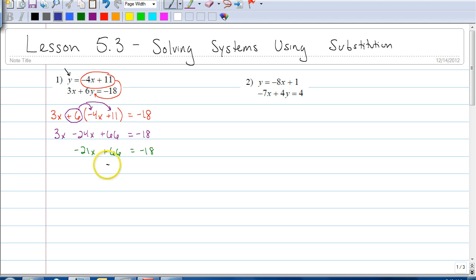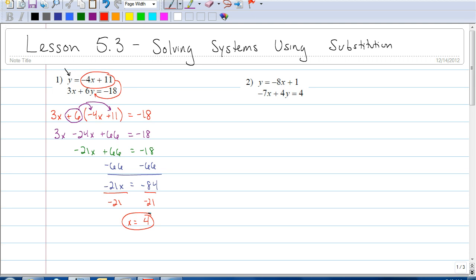So I'm going to subtract 66 from both sides. And when I do that, I get negative 21x equals negative 84. So if I divide both sides by negative 21, I get my answer for x, which is that x equals 4.